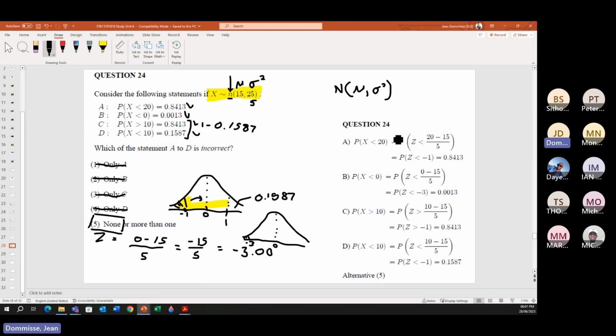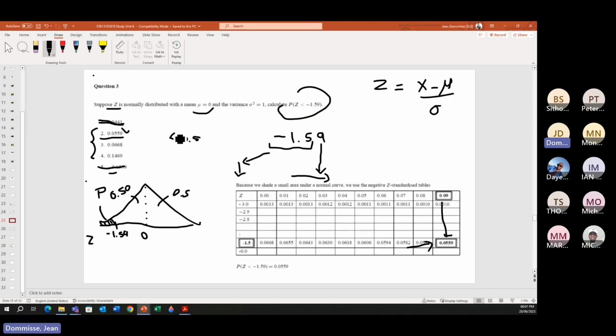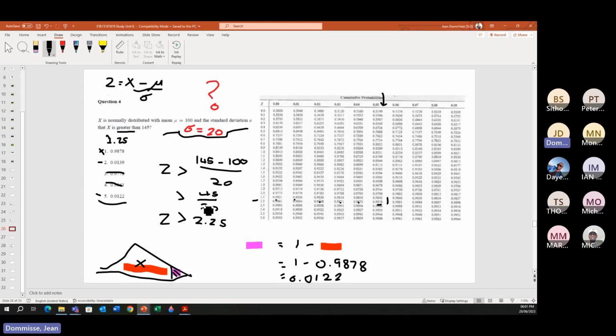This one was not difficult, but it's very time consuming. If you look at how easy it was in question 20, where we just calculated the Z, looked at the table, and could find it. Here we calculated the Z, went to the table.